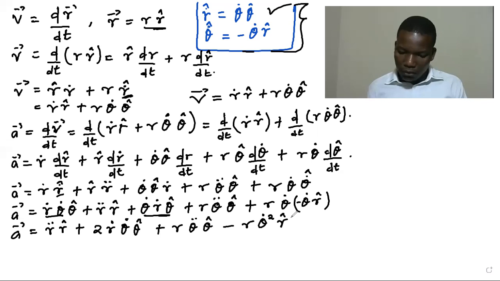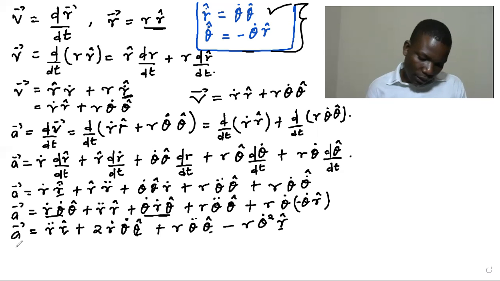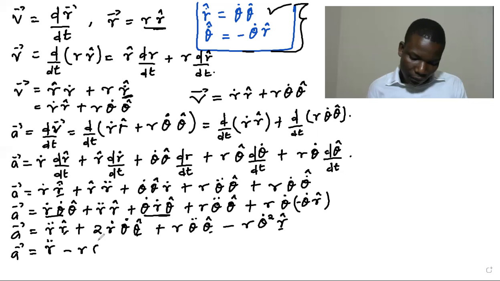From here, we group these according to their unit vectors. Where we have unit vector R and R, we group, and also this with its unit vector we group as well. And we factor out, of course, minus R theta dot squared.